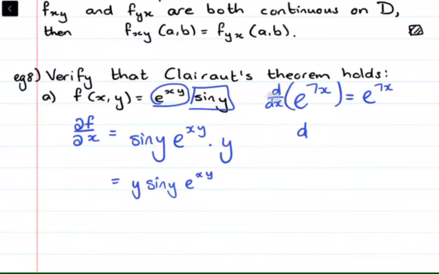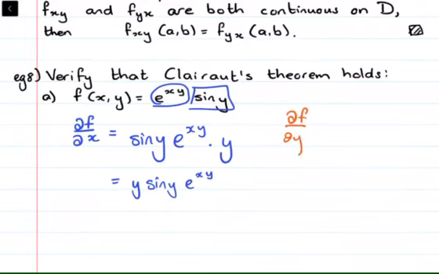That's the first thing. Then the next thing that we do is to find the derivative with respect to y, partial f, partial y. So once again, in this case, it is going to be a product rule because e to the xy has a variable y and sine y has a variable y.